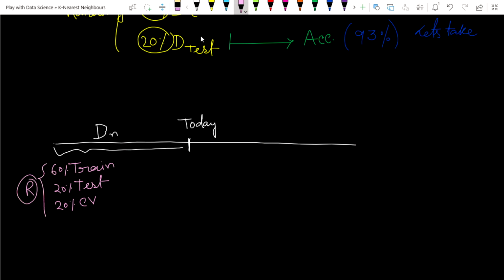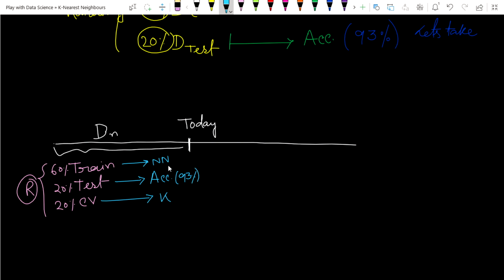From the training data we decide our nearest neighbor points, from the cross validation data we decide our best k, and from the test data we decide our accuracy. Suppose we get an accuracy equal to 93%.